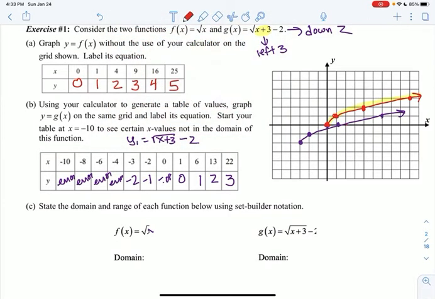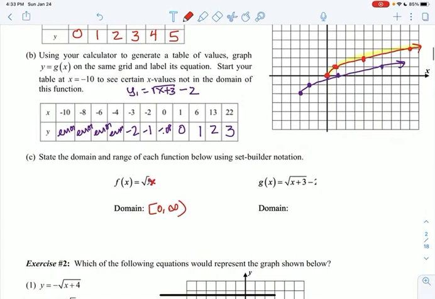For the red graph, that parent function, the domain of my x's is 0 to infinity. I have range on my paper, but I guess we don't have to do the range. And then for this one, the square root of x plus 3 minus 2, you can see my domain shifted, so my domain is going to be from negative 3 to infinity.